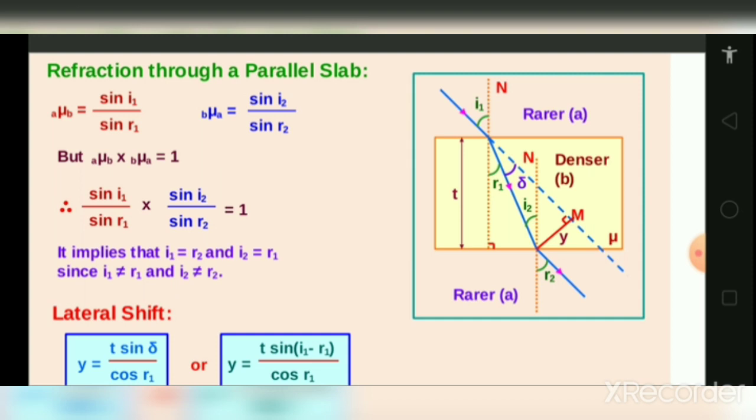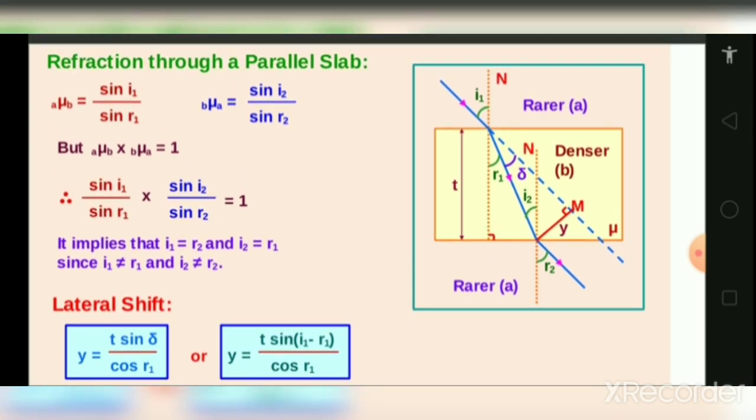It is clear from the figure that your n21 is equal to 1 upon n12. Thus, you can say that your emergent ray is parallel to the incident ray, but due to refraction it is shifted by some amount. Such deviation of an incident ray is called a lateral shift.